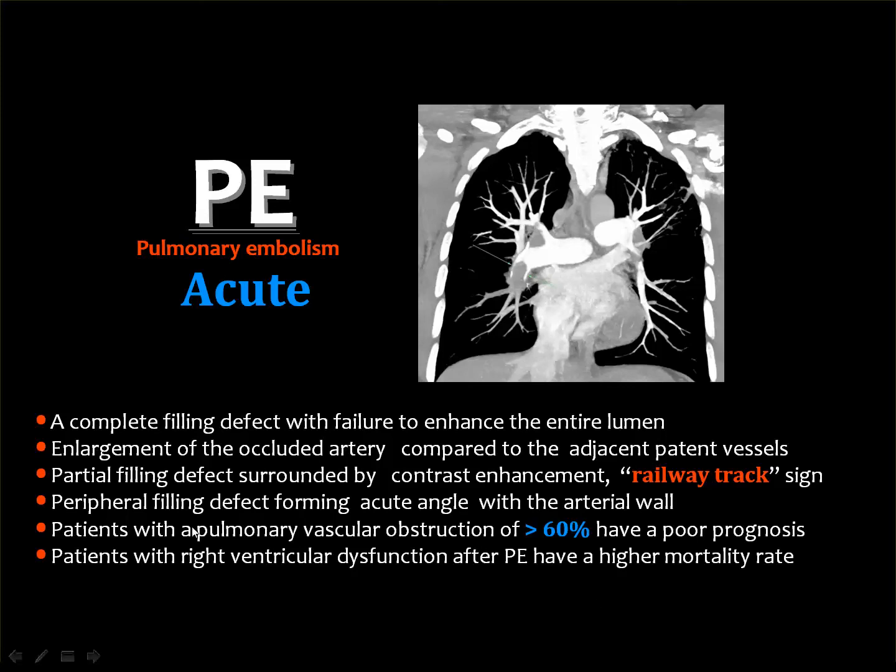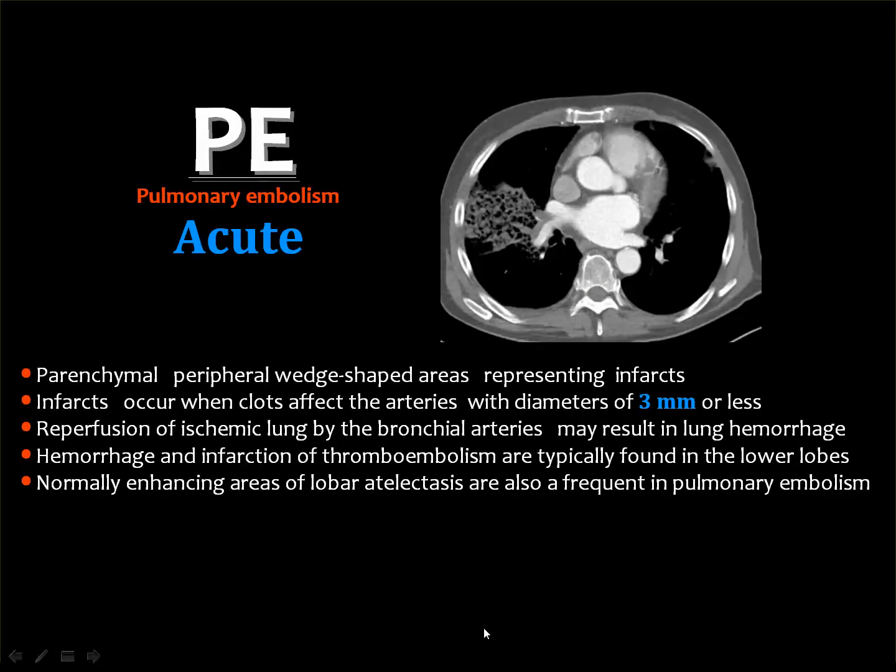You should know that pulmonary vascular obstruction of more than 60% of the circulation has a very poor prognosis. Then in this case, you get a filling defect in the pulmonary artery, and also an opacity in the related lung representing an infarction.